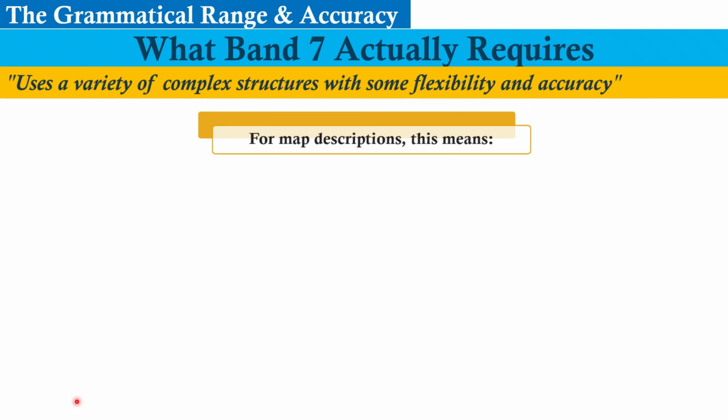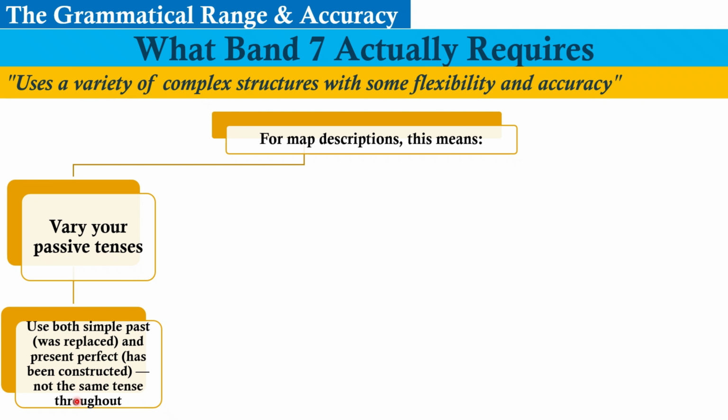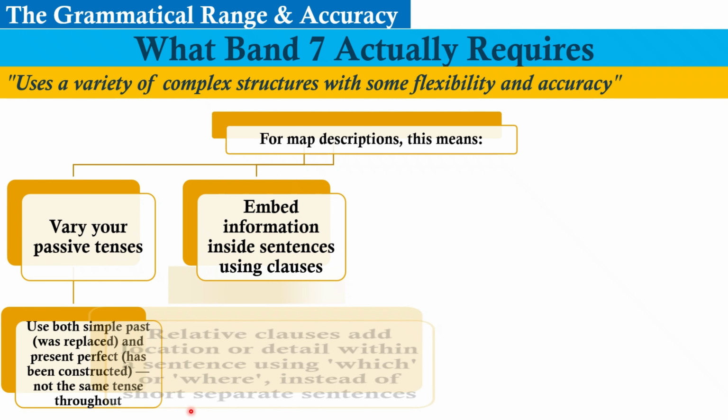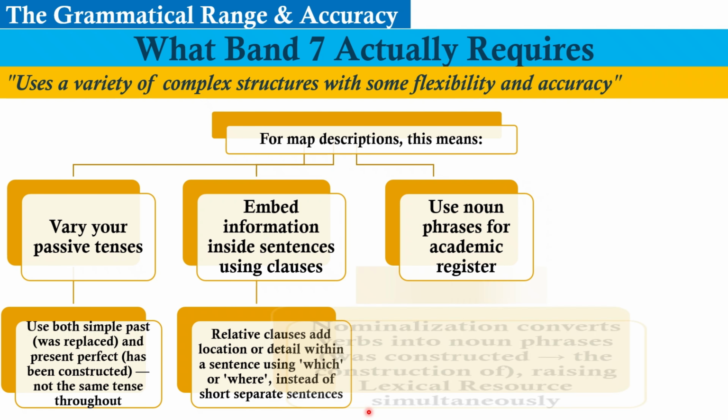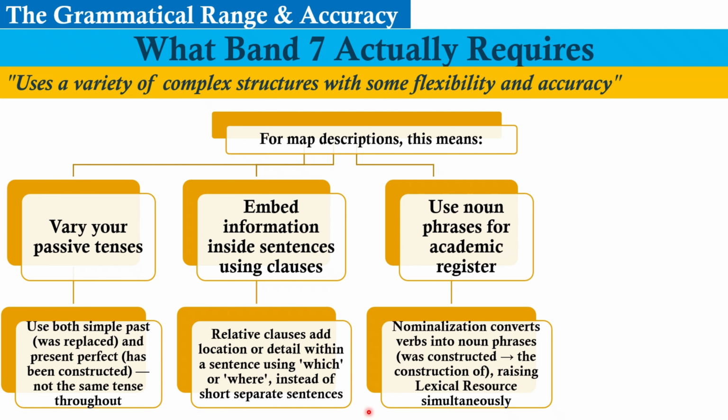The first structure is passive voice tense selection. Instead of relying on a single tense, strong candidates use both the simple past and the present perfect where appropriate. The second structure is the relative clause. This allows you to add location or descriptive information directly into a sentence using words such as which and where. The third structure is nominalization. This means changing verbs into noun phrases, helping your writing sound more formal and academic.